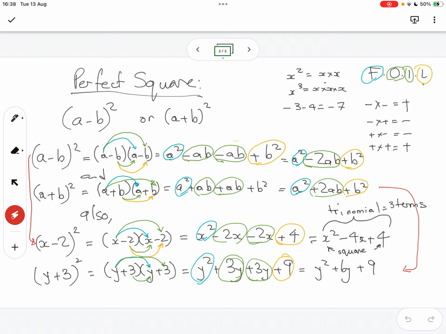If it's positive there, the middle term will be positive. Negative in the middle of the bracket, negative middle term. Positive in the middle of the bracket, positive middle term. And that's all the time when you see a perfect square. That is always the case. Yeah. Then carry on.